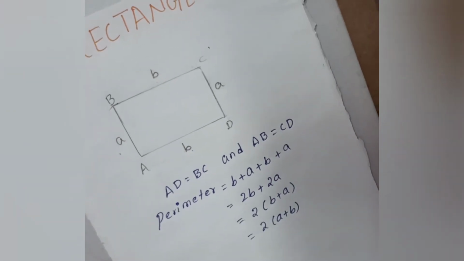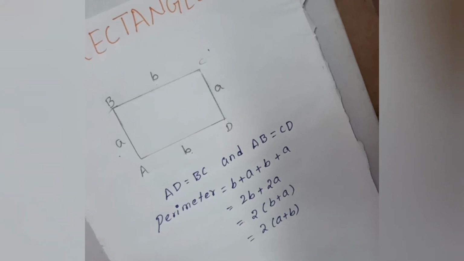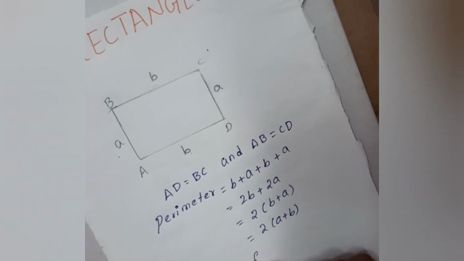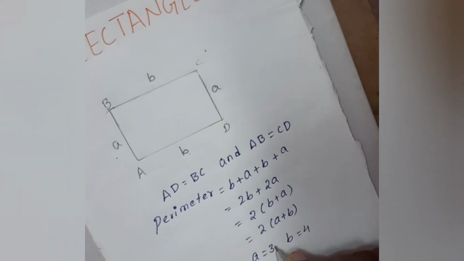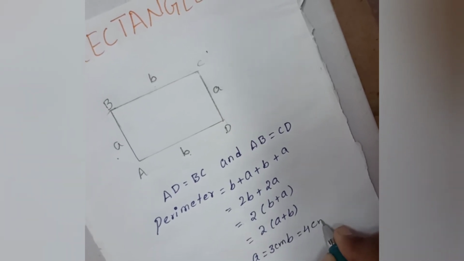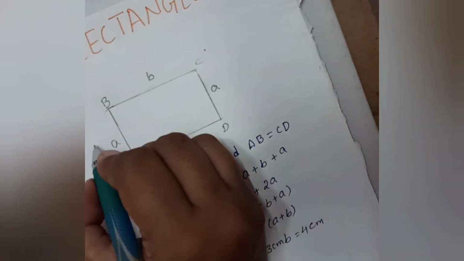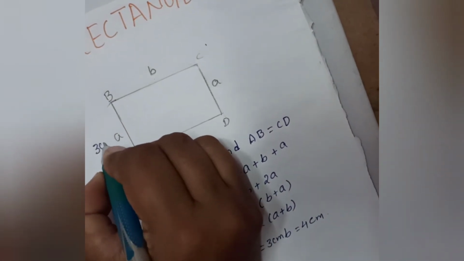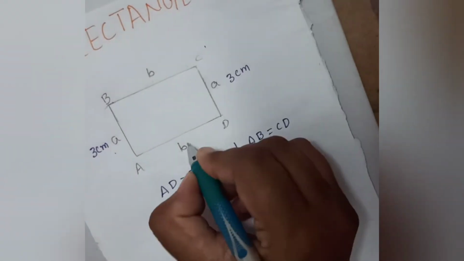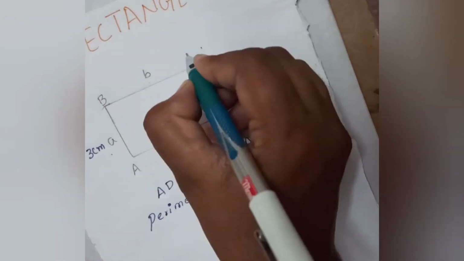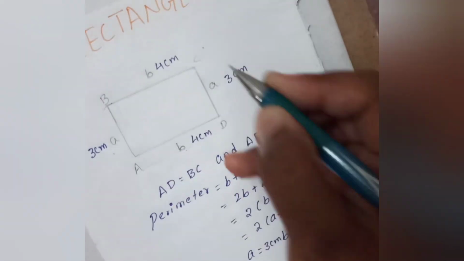For example, A equals 3, B equals 4 centimeters. If it is 3 centimeters, then CD is also 3 centimeters. AD is 4 centimeters, then BC is 4 centimeters.